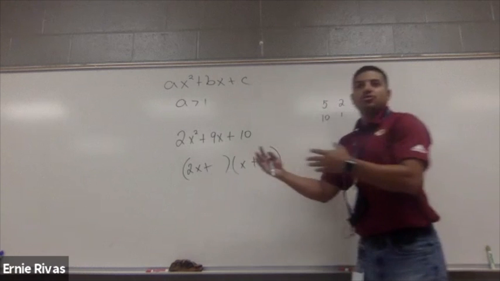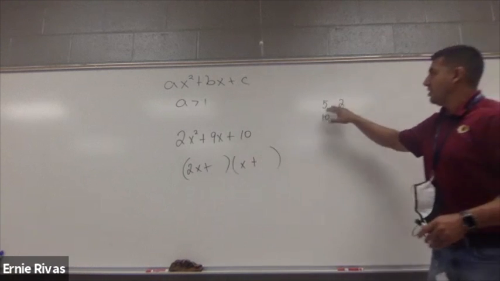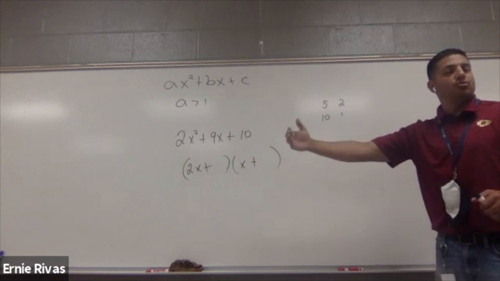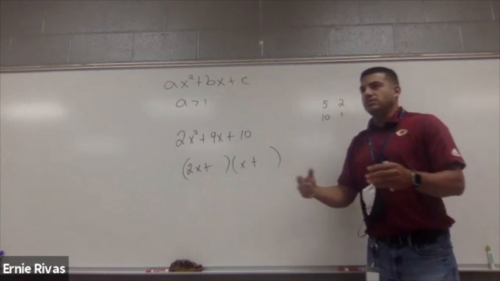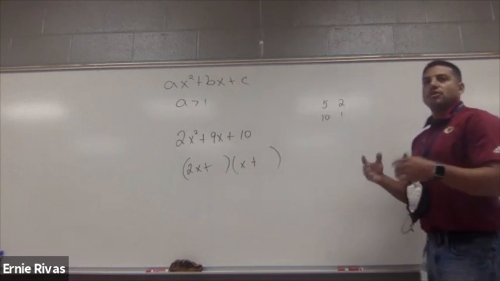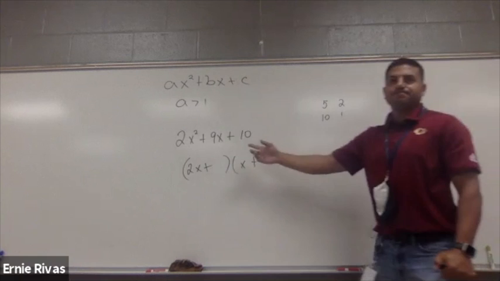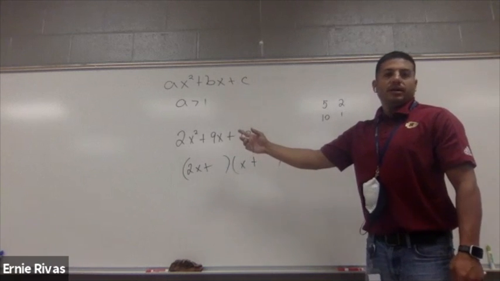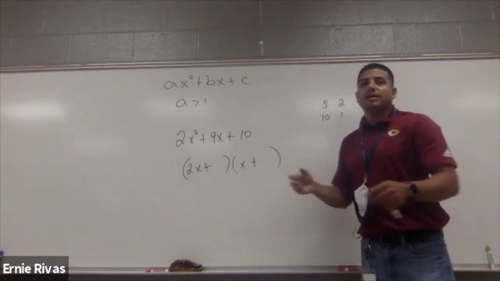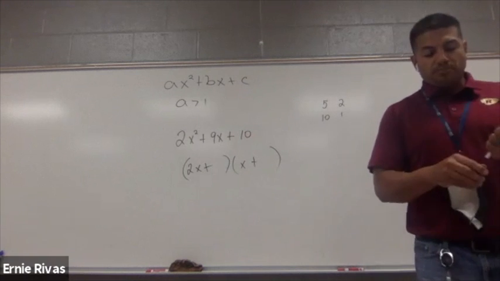So that 2 in front now changes it. So we're no longer just thinking about 5 and 2 and 10 and 1. We have to think about that 2 and then this 1 multiplying by these numbers and giving us the correct combination to get 9.